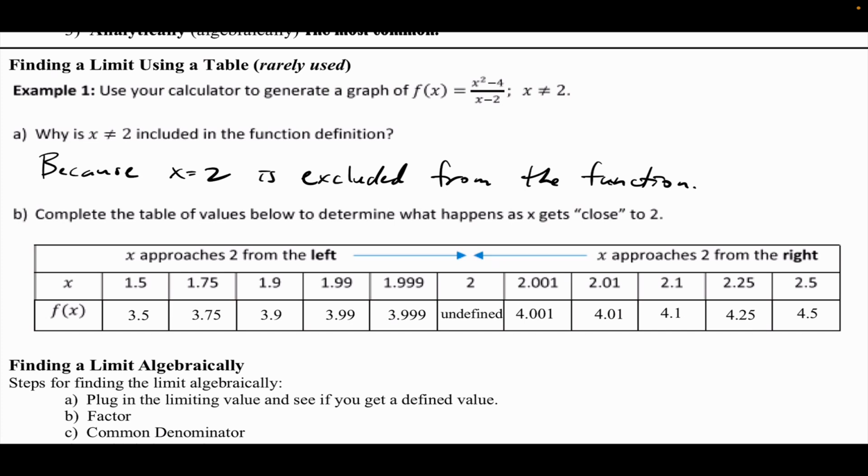Yeah, 0 on top, okay. 0 on bottom, can't have. That's why we say x equals 2 is excluded from the function. Anything else will work.